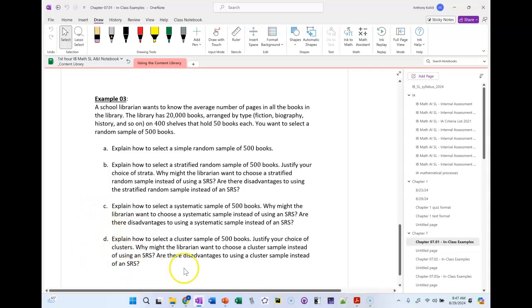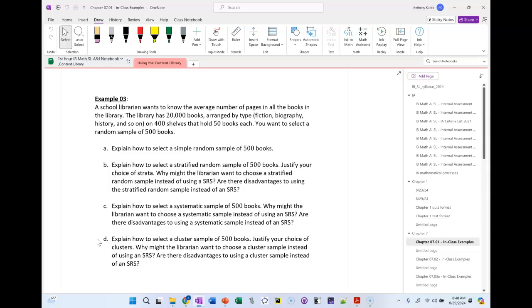Okay. Part D says how to select a cluster sample of 500 books. Would that even be possible?